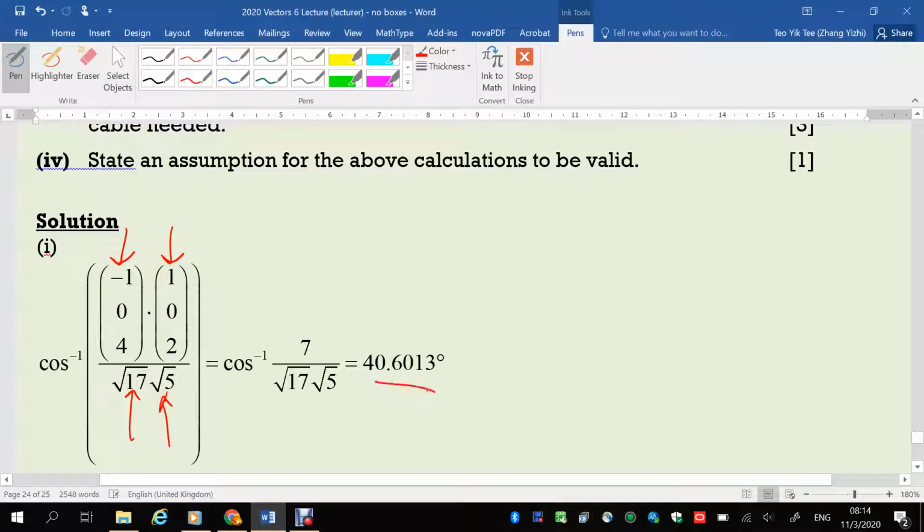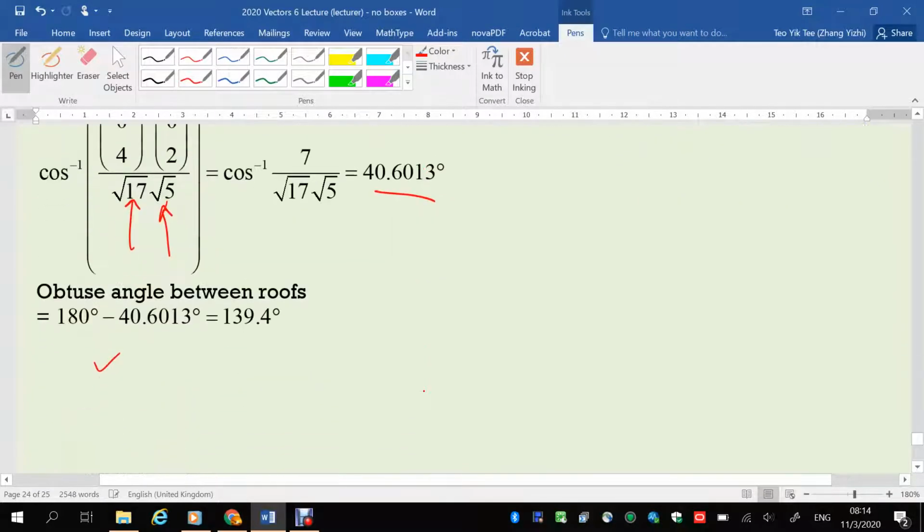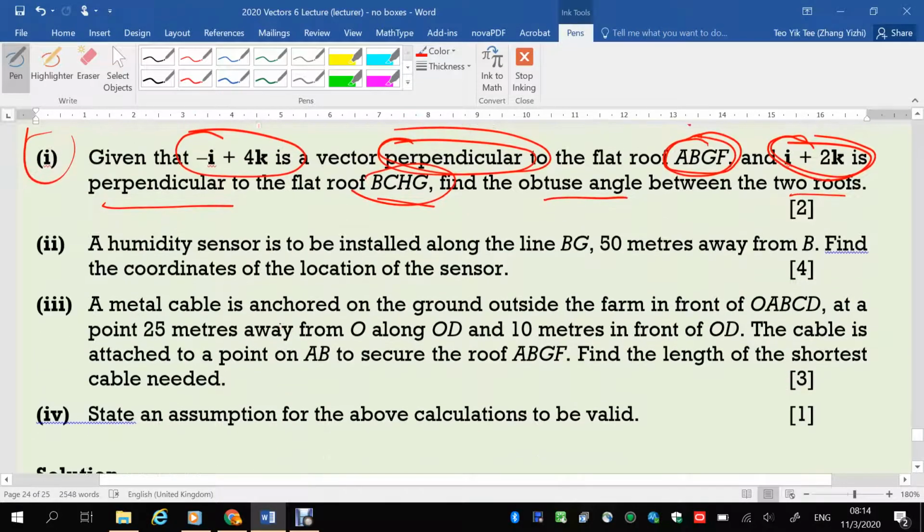You get an angle of 40.6013. Bear in mind the question says obtuse angle, so do 180 minus the acute angle, and you get the obtuse angle between the two roofs. That's the first part done.